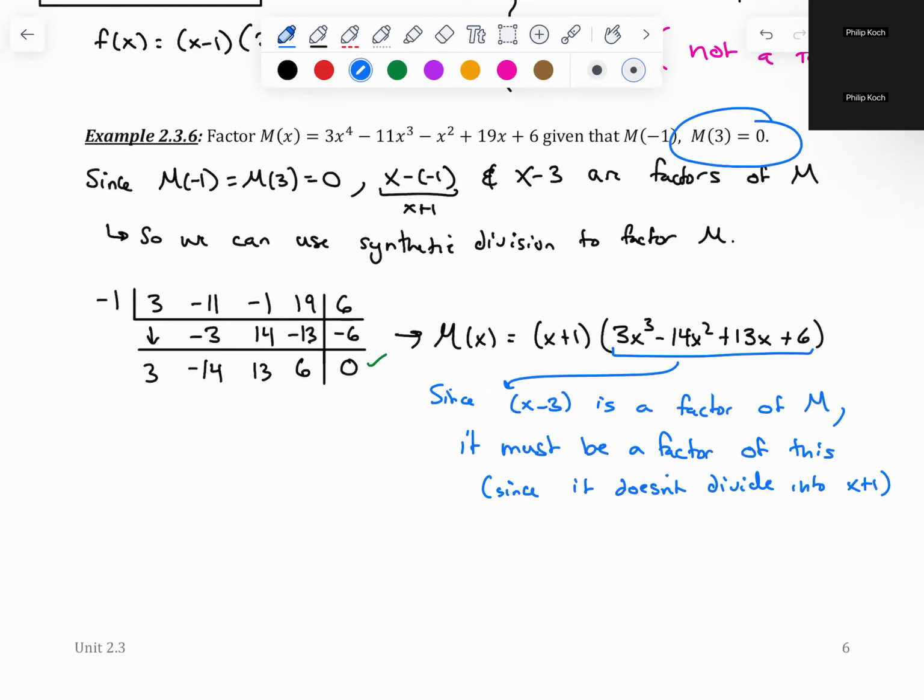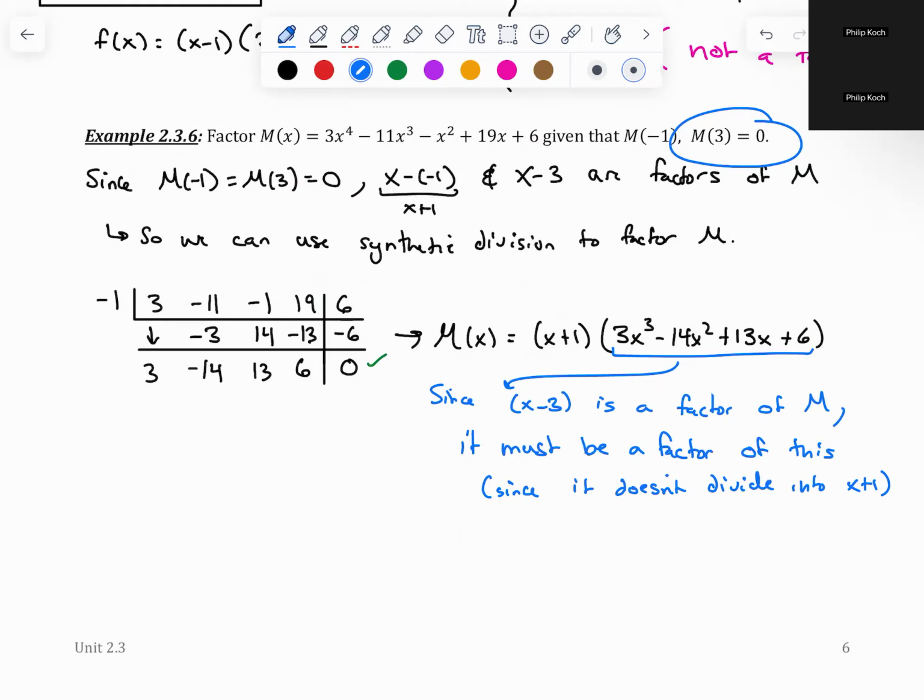We know that because when we divide by x minus 3, it has to give us a remainder of 0. It doesn't go into x plus 1, so it has to be able to be divided into this. So, I'll wait until people have written it down.